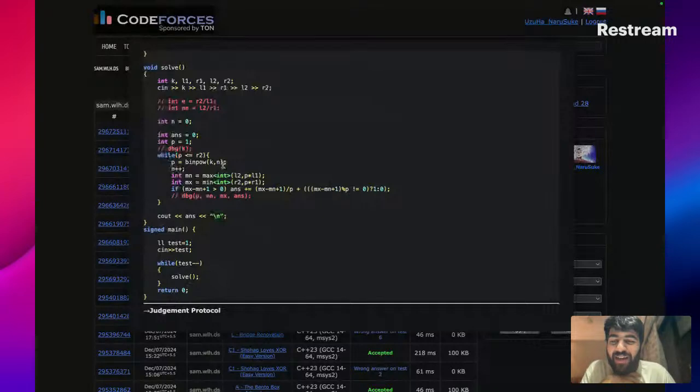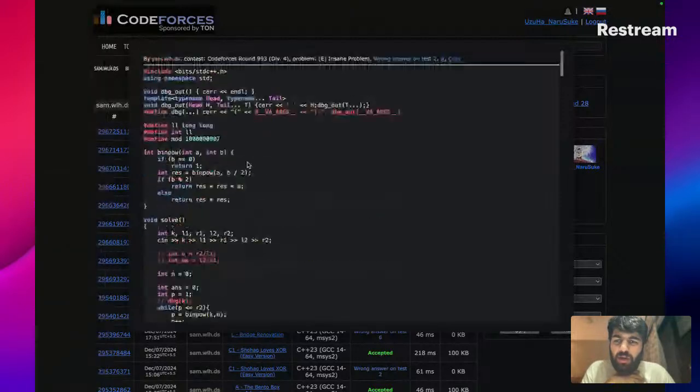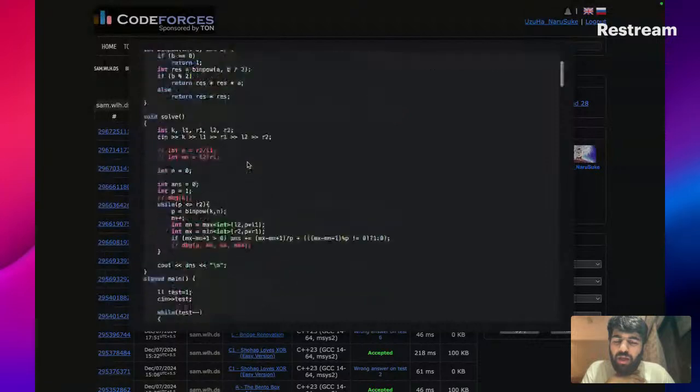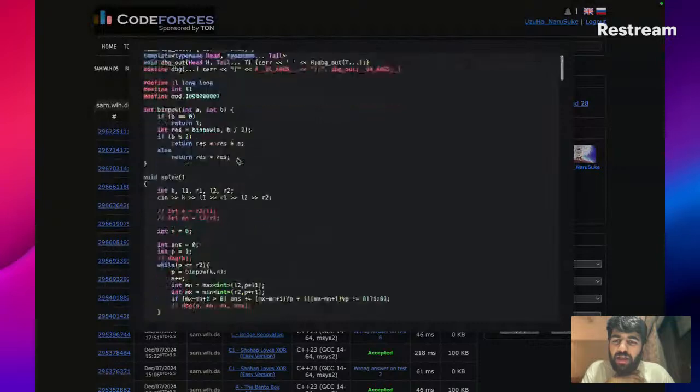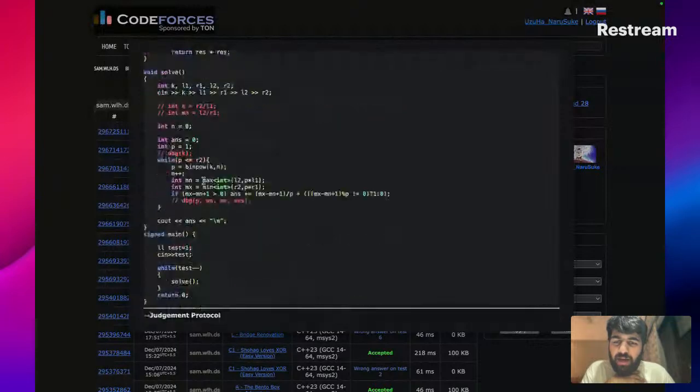Okay. You have k and you have your n. Max of L2 comma P into L1. Oh, this might be overflowing. Hashtag define int long long.